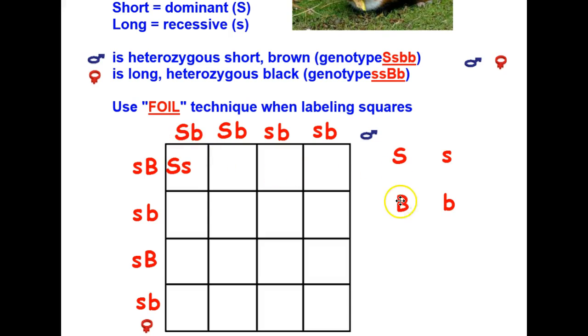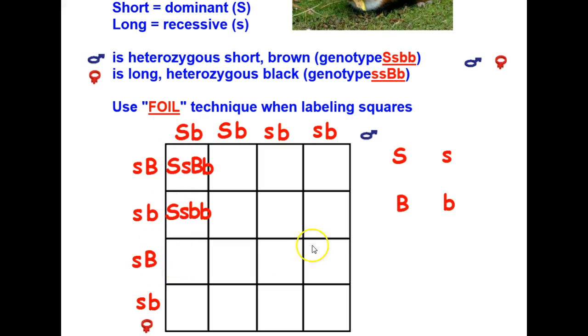And you have a big B, little b. In this one, we have a big S, little s, and we have a little b, little b. This is tedious, but our work will pay off here.